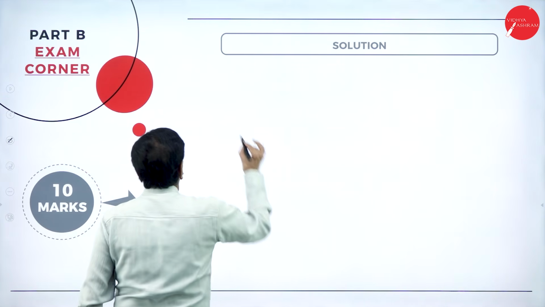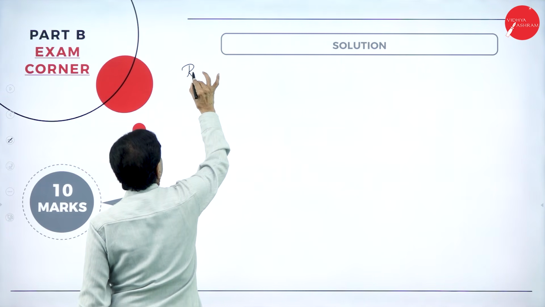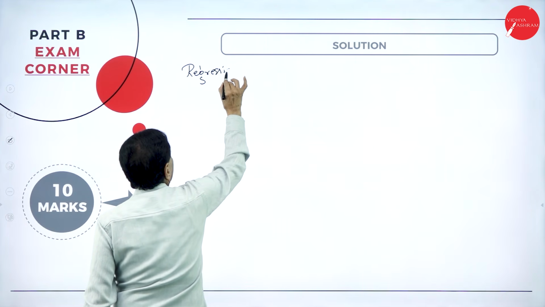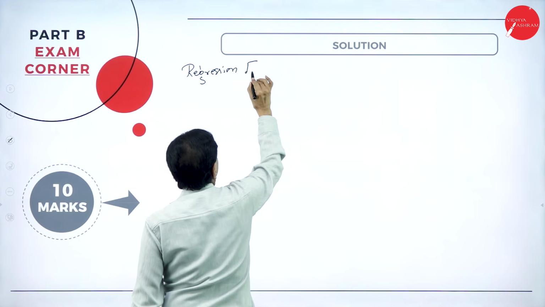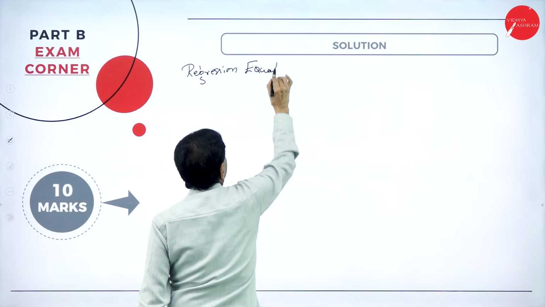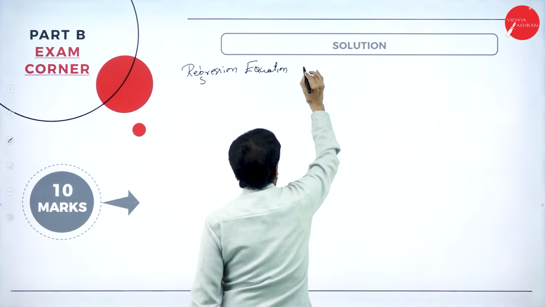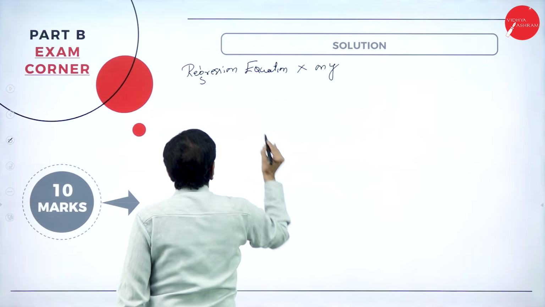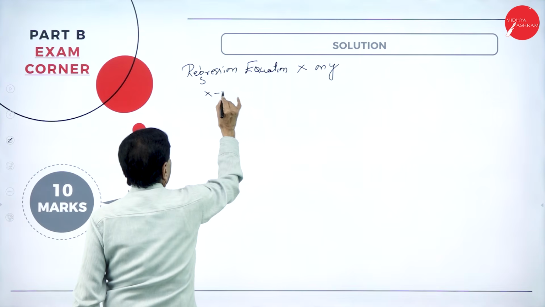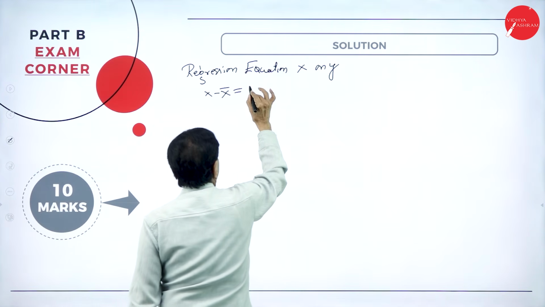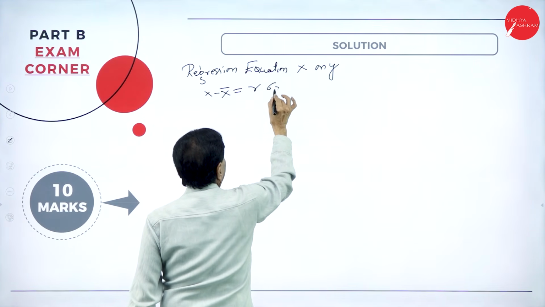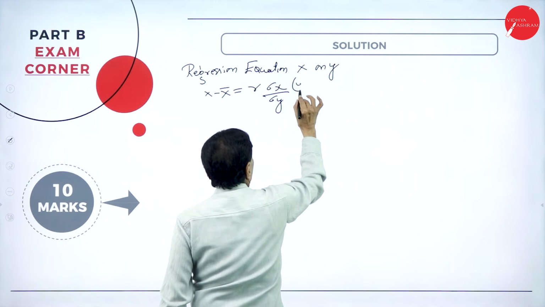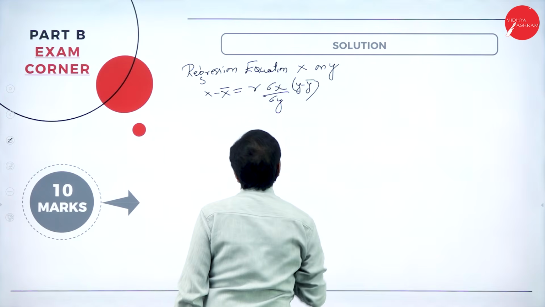First one, regression equation x on y. Formula: x minus x mean equals r into standard deviation x divided by standard deviation y into y minus y mean.